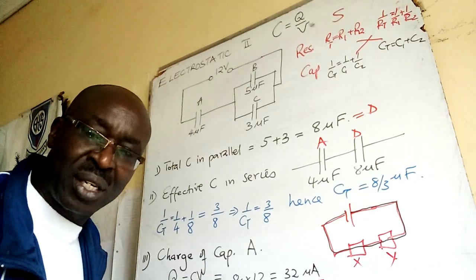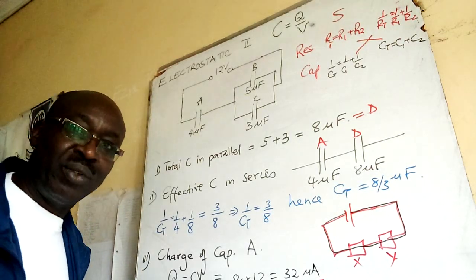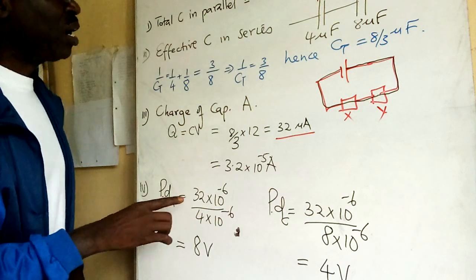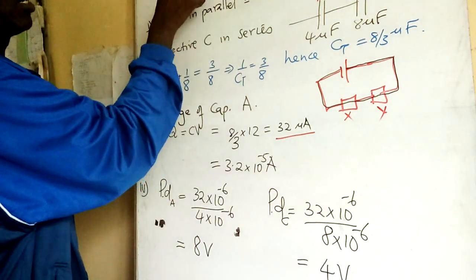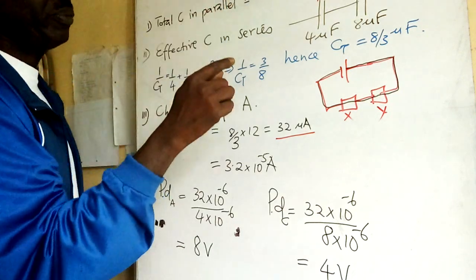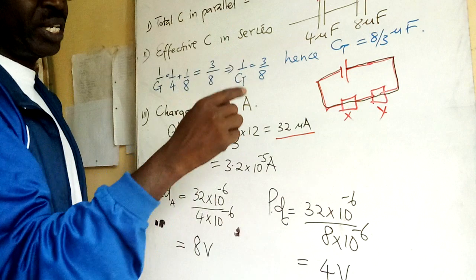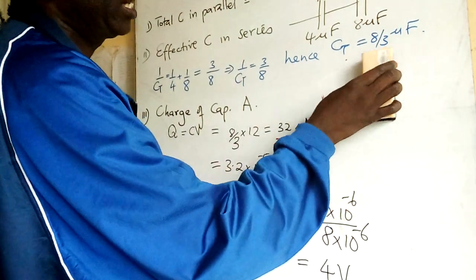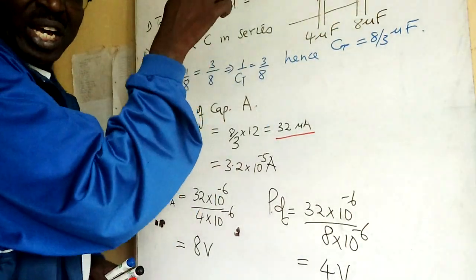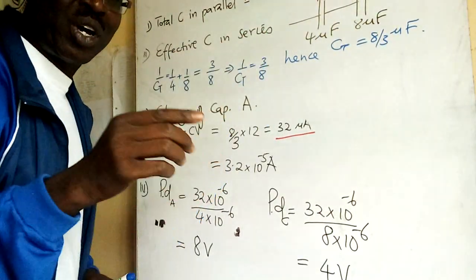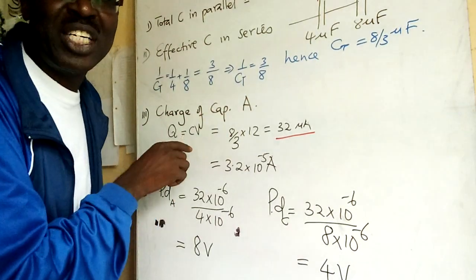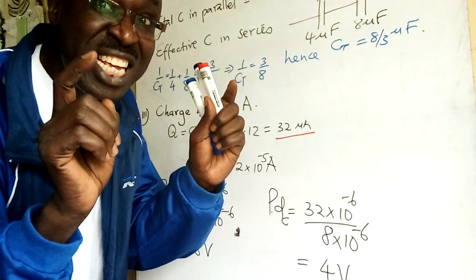Keep on moving. Focus down here now. Suppose I ask you, what is the PD across A? And what is the PD across BC? Remember, B and C gave us D. So I could have asked you, what is the charge of capacitor A, or what is the charge of capacitor D?